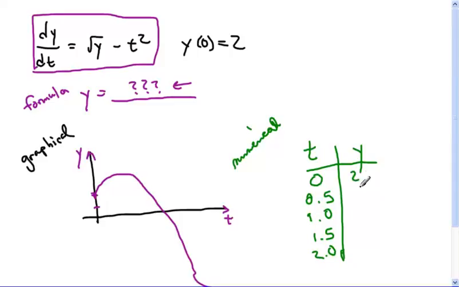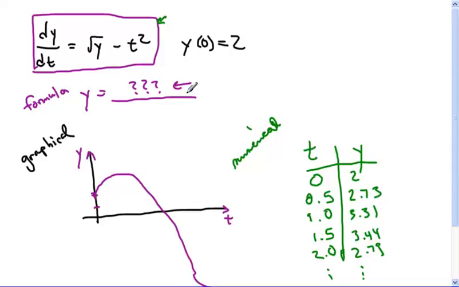Well, we know y starts at 2, and it turns out that if y follows this differential equation, then it will be at approximately 2.73 after half a second, 3.31, 3.44, 2.79, and so on. I'll just stop there. So that's what a numerical solution to this initial value problem would look like.